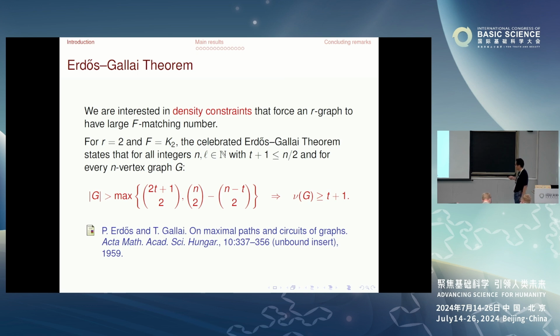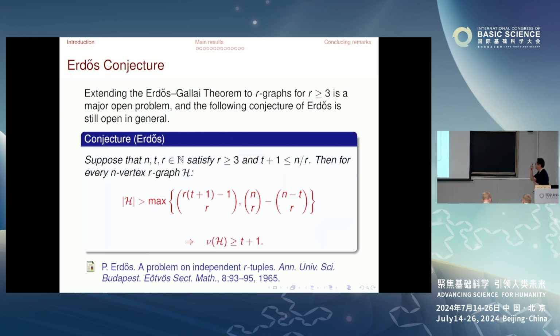The first one is a complete graph of order 2t plus 1, and the other one is a complete graph on n minus a complete graph on n minus t. However, we can naturally extend the Erdős-Gallai theorem to r-graphs for r equals 3.